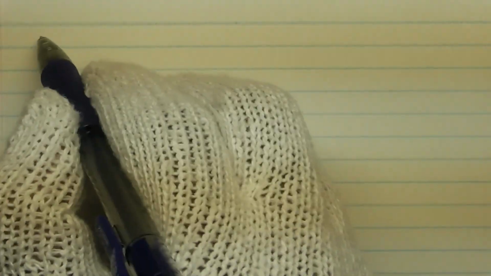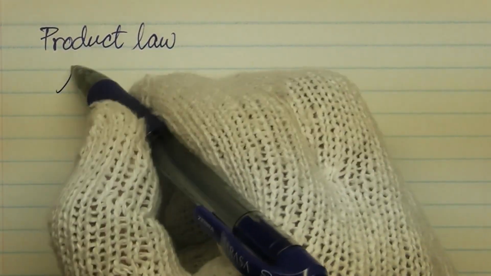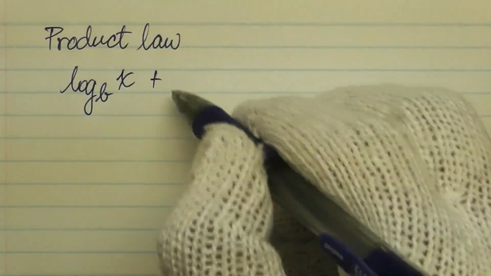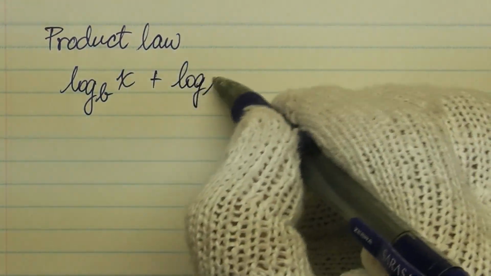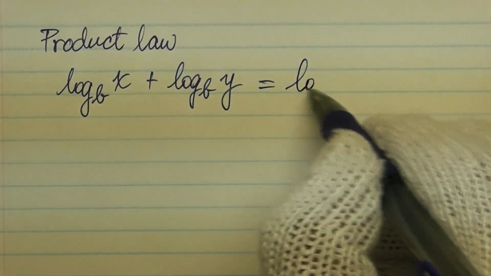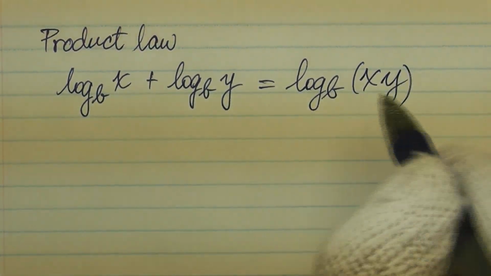There are two laws that we have to talk about besides the power law. The product law tells us that the log base b of x plus the log base b of y is equal to the log base b of xy.